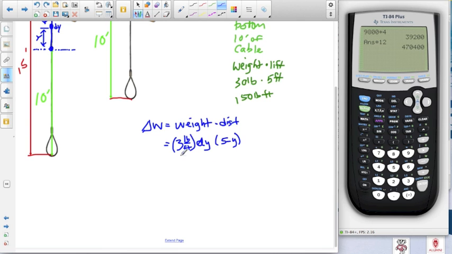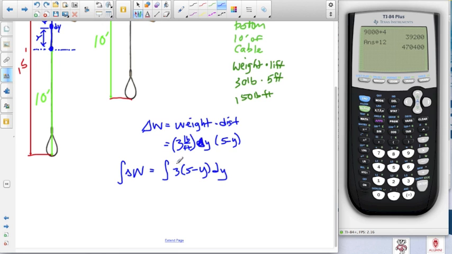So there's our incremental portion. I guess I could call that delta y technically. And so to figure out our incremental weight, then to figure out that total, we're going to have to integrate. And so we're going to have to integrate 3 times 5 minus y dy.